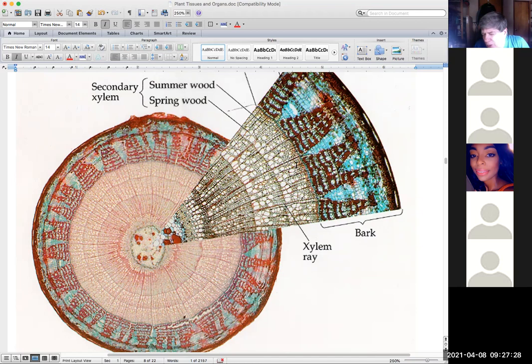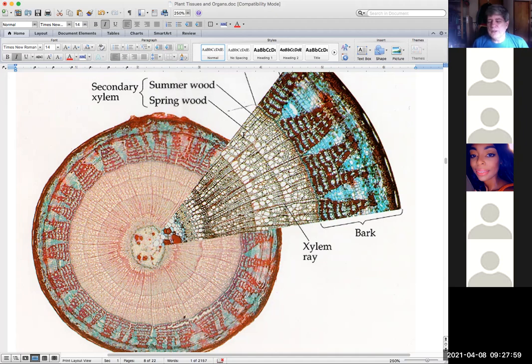Now, notice towards the back, the xylem cells are a little bit smaller. Since the xylem cell is dead, since everything inside the cell walls is gone, when the cells get smaller, they look darker because the only thing we can see is the cell wall. So if we have a big opening inside the cell wall, the cells look kind of light. If it's a small opening, the cells look kind of dark.